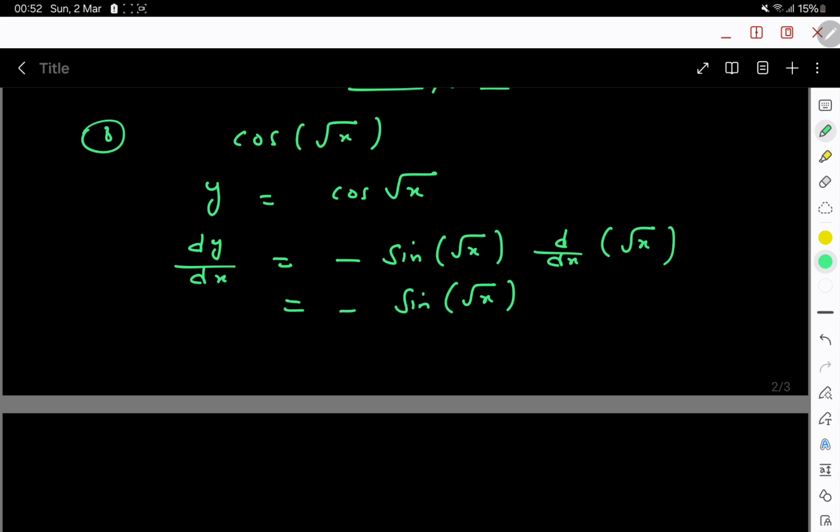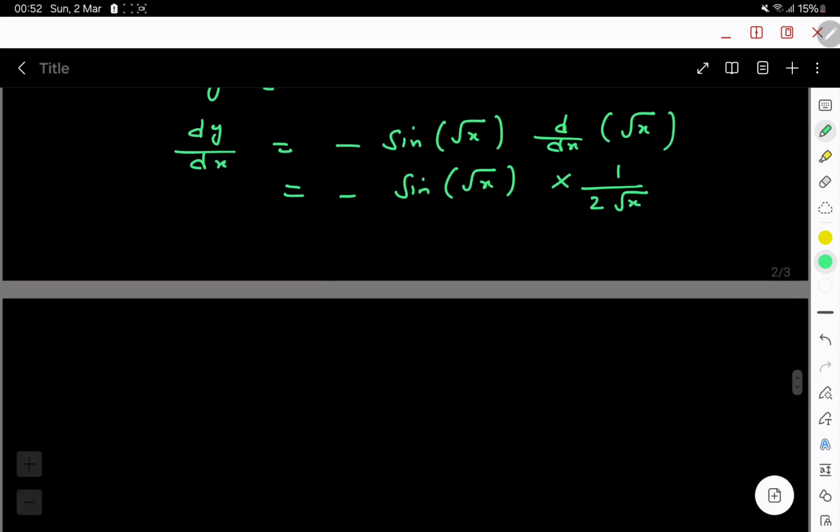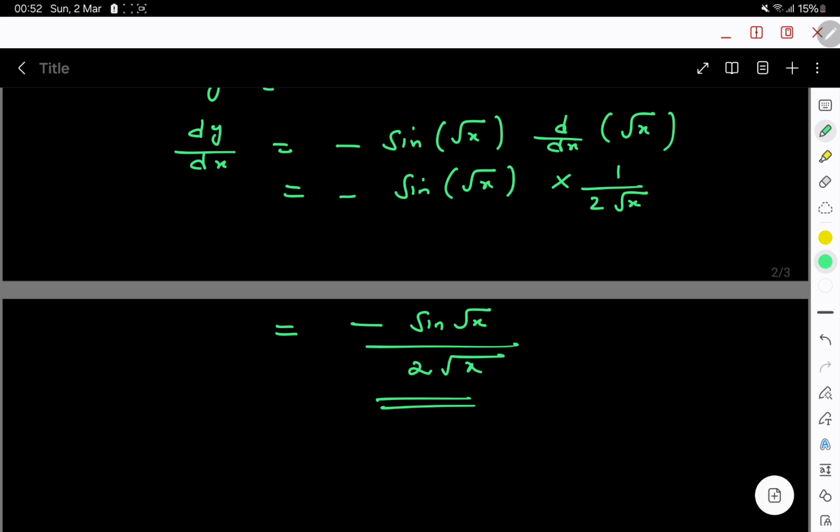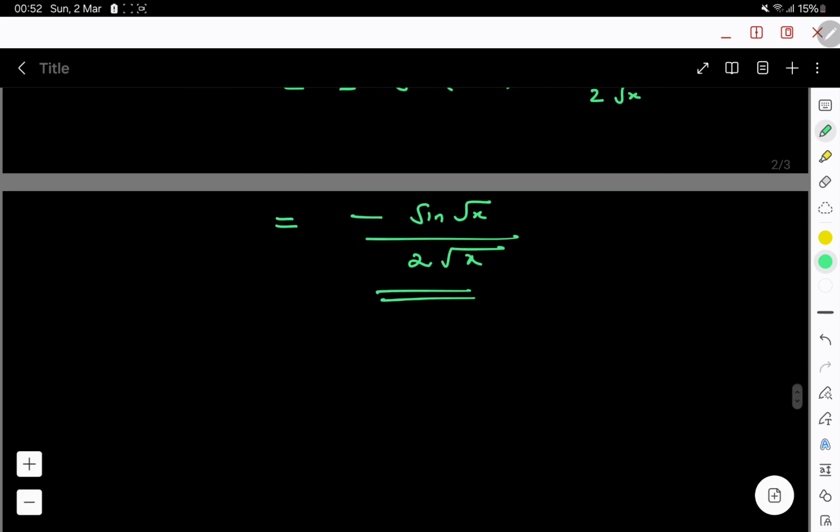This is a chain rule to follow. D by dx of root of x is 1 by 2 root of x. Okay, so we get minus sine root of x by 2 times under root of x. That's all.